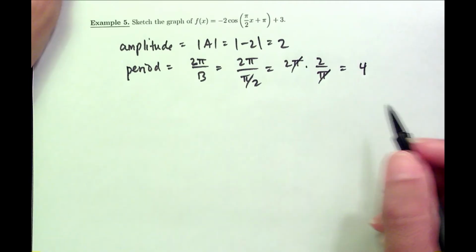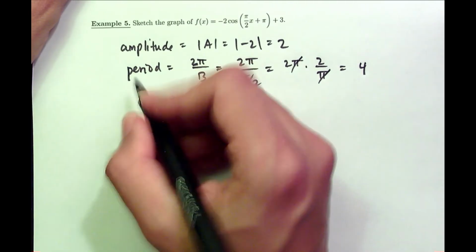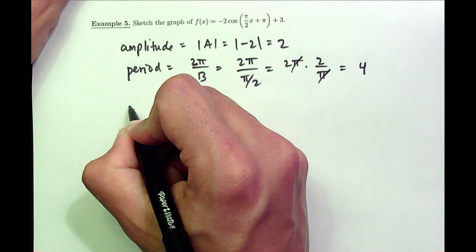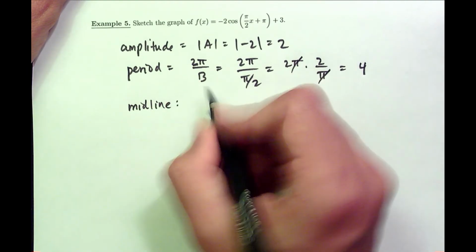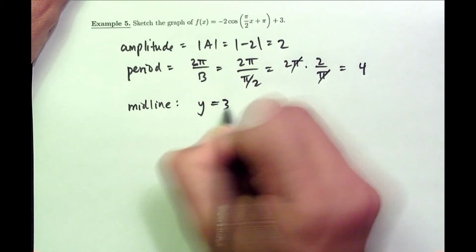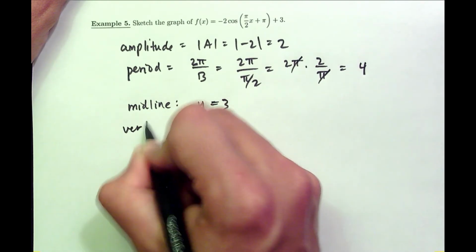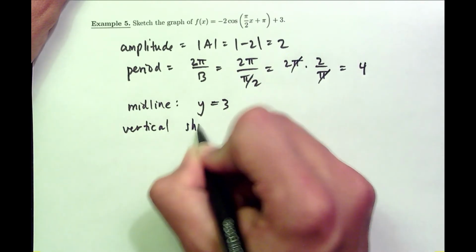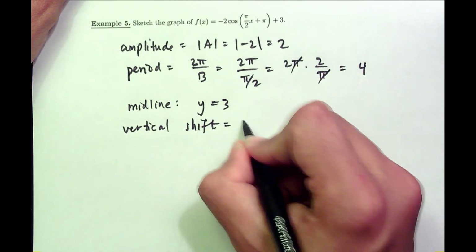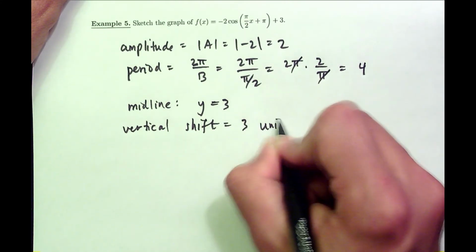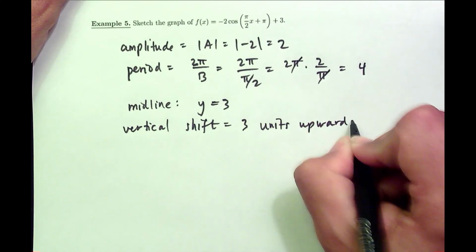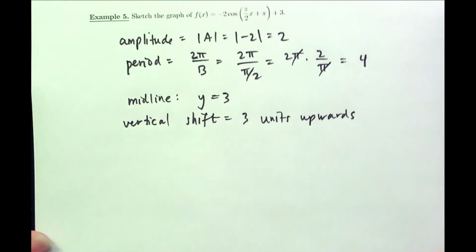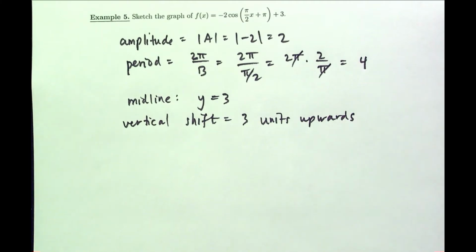Okay, so this is going to repeat every 4 units. Then the midline is y equals 3. The vertical shift is the d as well. So this is 3. And it's positive, so that means 3 units upwards. So the original graph is going to be moved up 3 units.